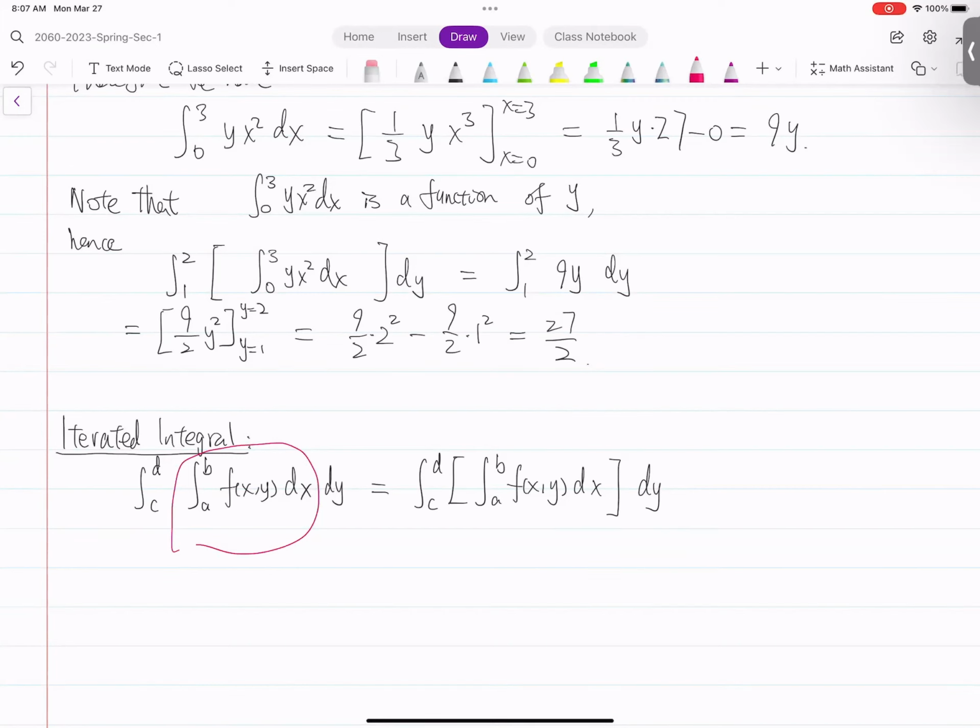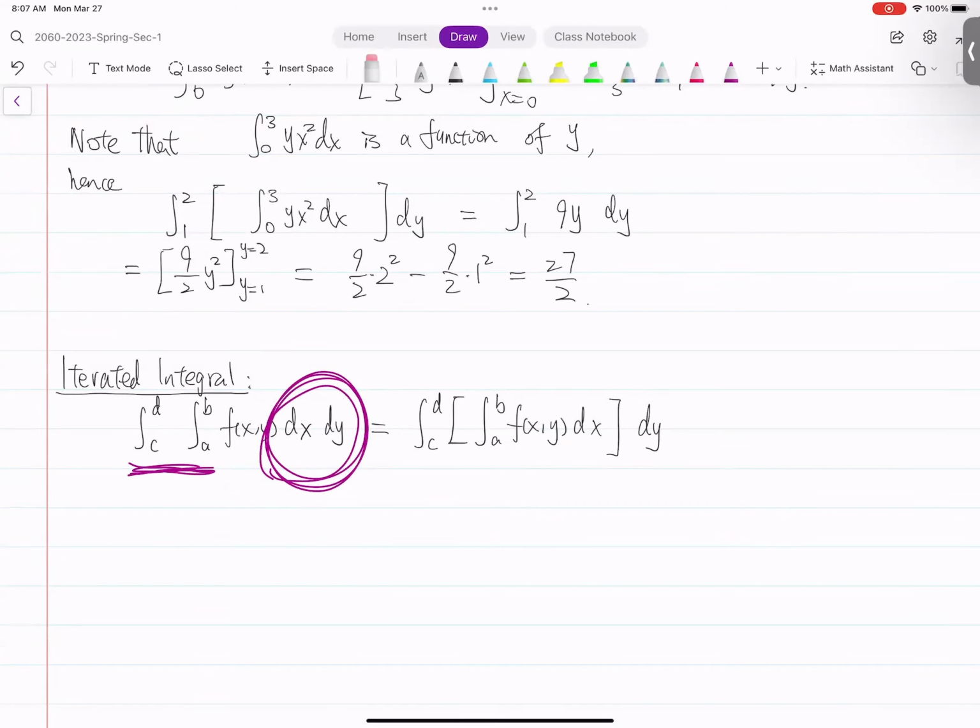And then once you're done, you calculate what's on the outside, which is y. So when you're writing this iterated integral, the order of the differential part is going to tell you the order of your calculation. Usually, the values at the integrals would not really tell you the order of the calculation. But this differential part will be critical for that.